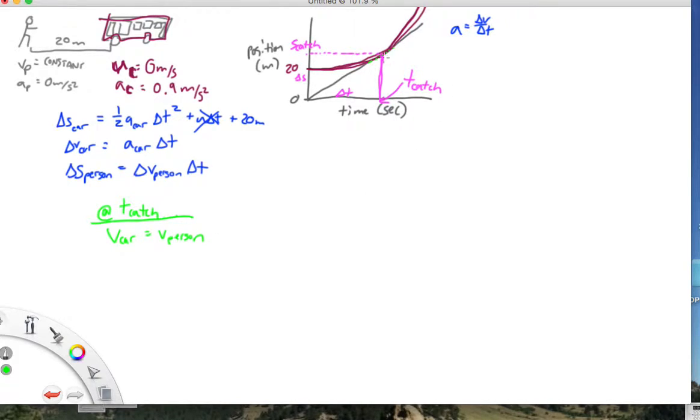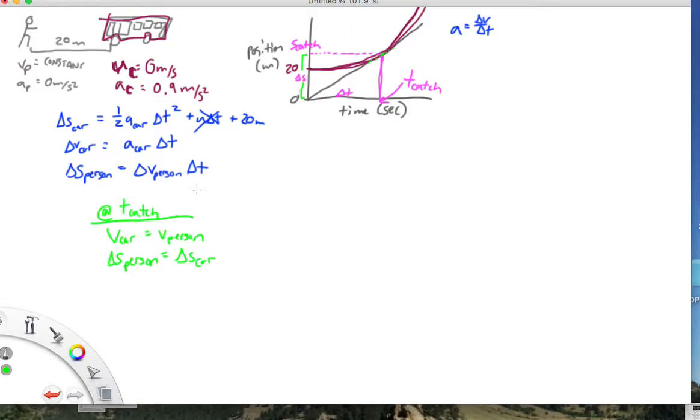This line, the instantaneous velocity of the car is the same as the person, so they're exactly the same velocity. Another thing that's true is the position, the delta s right here. When I'm saying delta s, what I really mean is s catch. So the delta s of the person is the same as the delta s of the car.